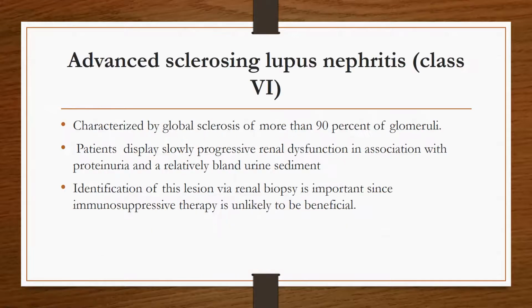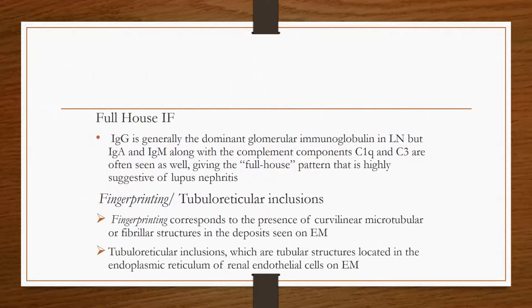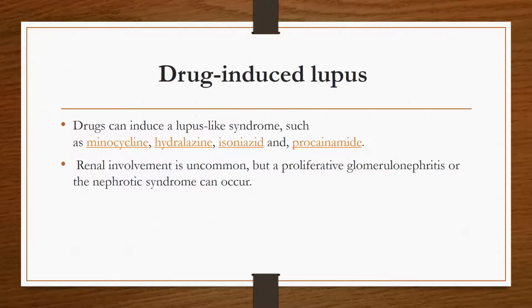And sometimes you could see these reticular, these fingerprinting, or what's also called tubulo-reticular inclusions. This is more common in secondary membranous as opposed to primary membranous on electron microscopy.